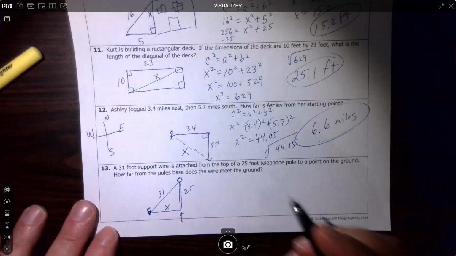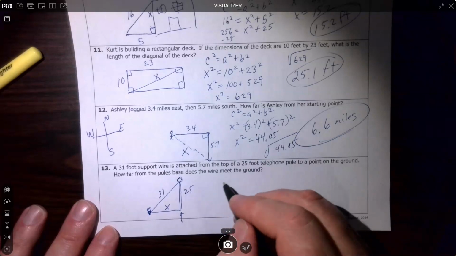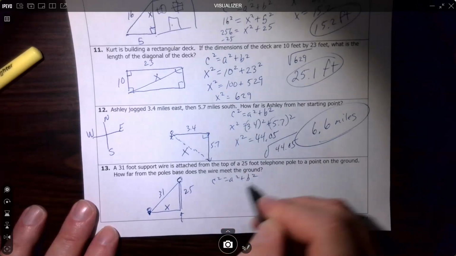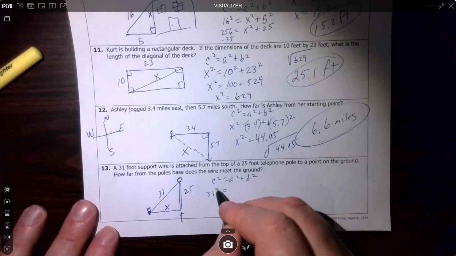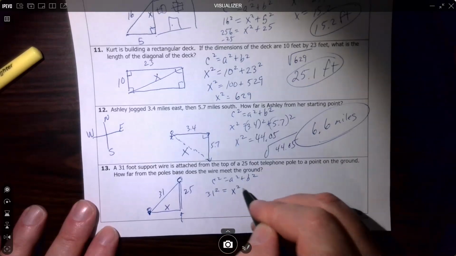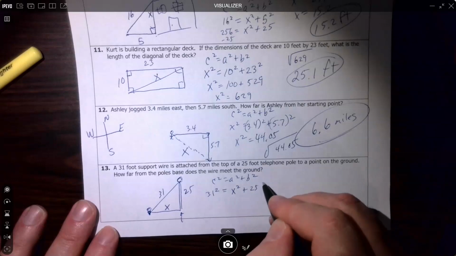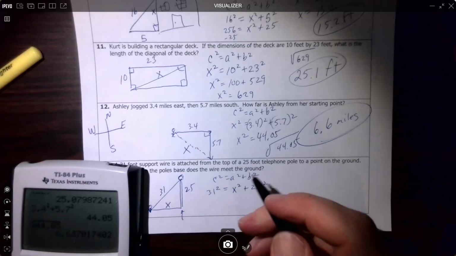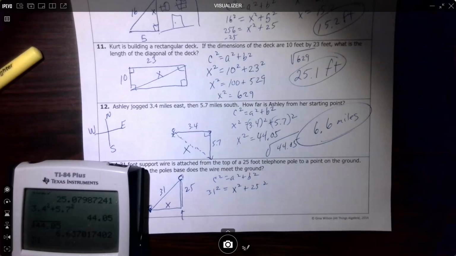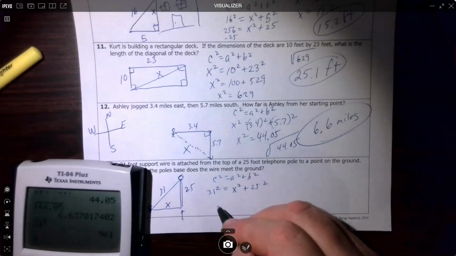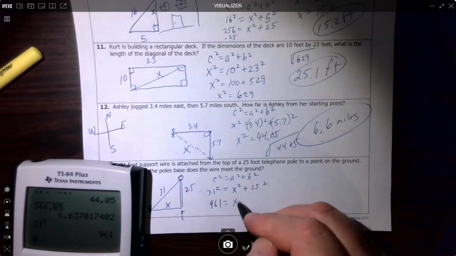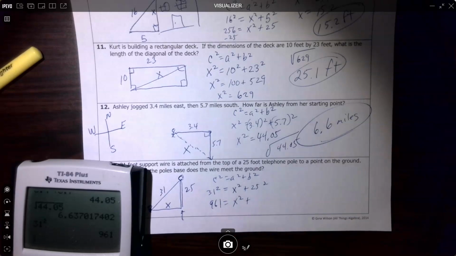Anyhow, so if we were going to do this problem, we would then do c squared equals a squared plus b squared. C squared is 31 squared. X we don't know, and then 25 squared. 31 squared is 961. 25 squared, I believe is 625. Yep, 625.